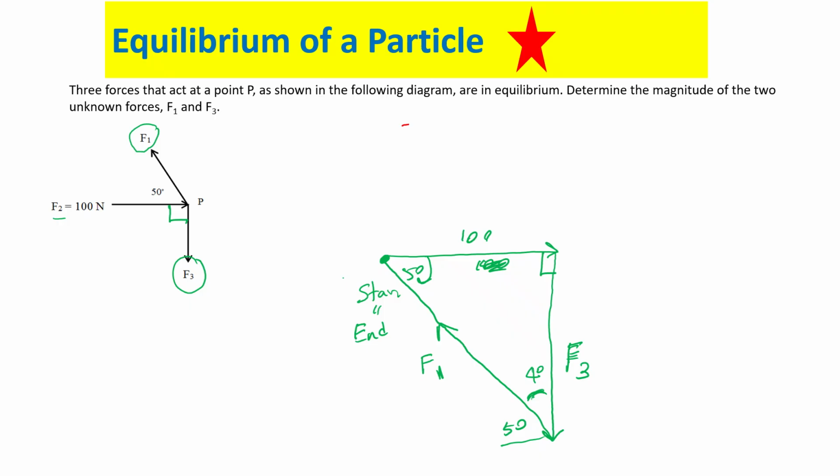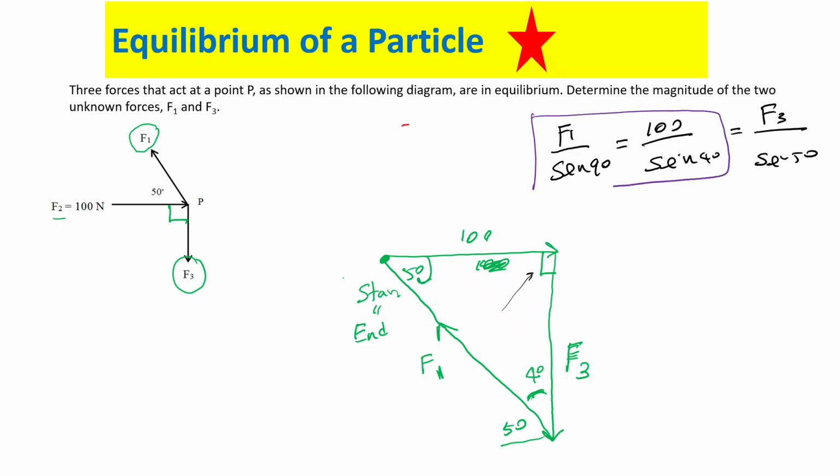Sine rule says F1 over the opposite angle, which is sine 90, equals 100 divided by sine 40, equals F3 divided by sine 50, isn't it? When you consider these two, you can find F1. If you consider these two, you can find F3. That's easy.